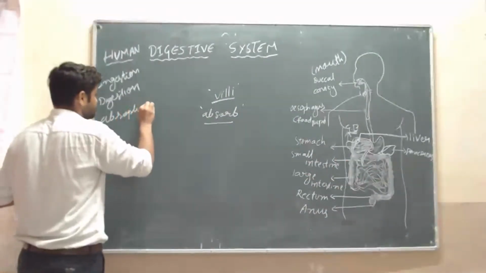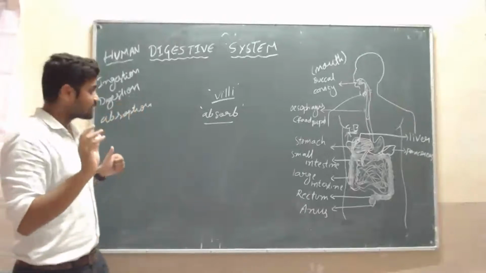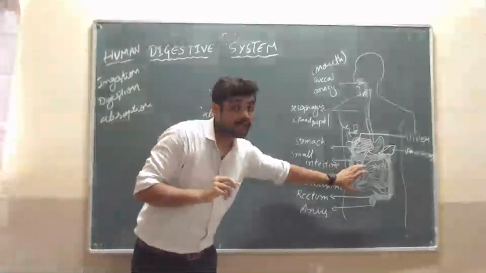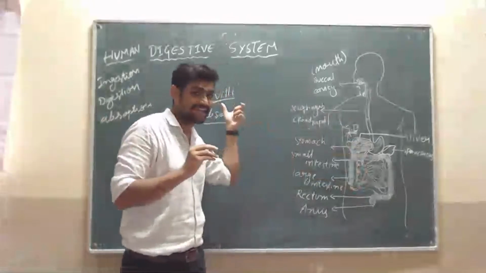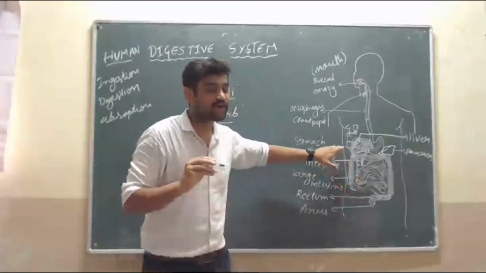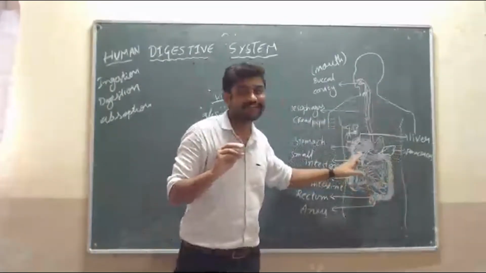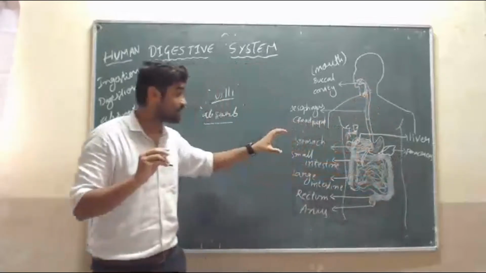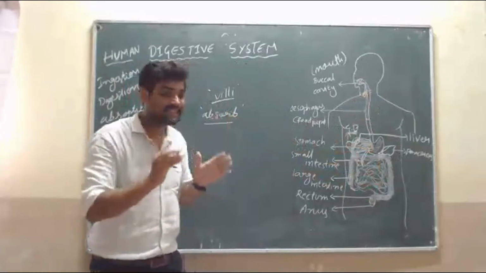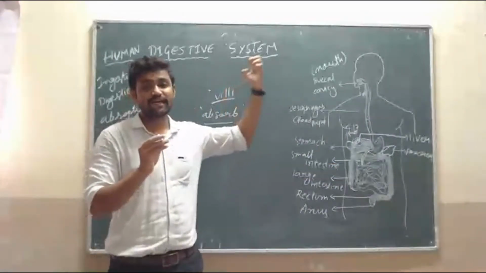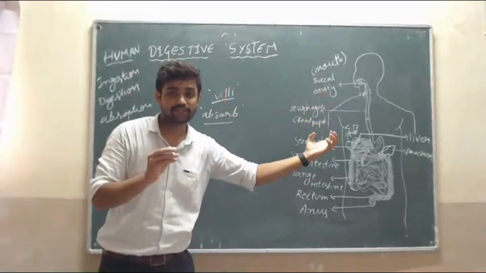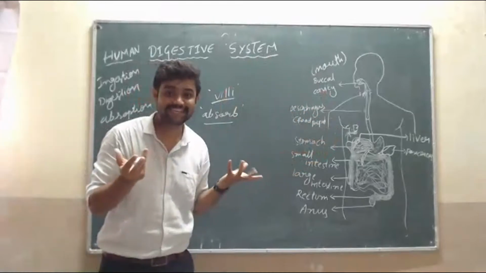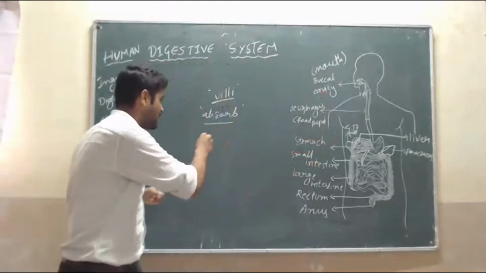Absorption is completed. Okay, absorption. This absorbed food by villi is transferred to the whole body. Did you understand? That is, these villi absorb the food and they will transfer the food to the whole body, with the help of blood.